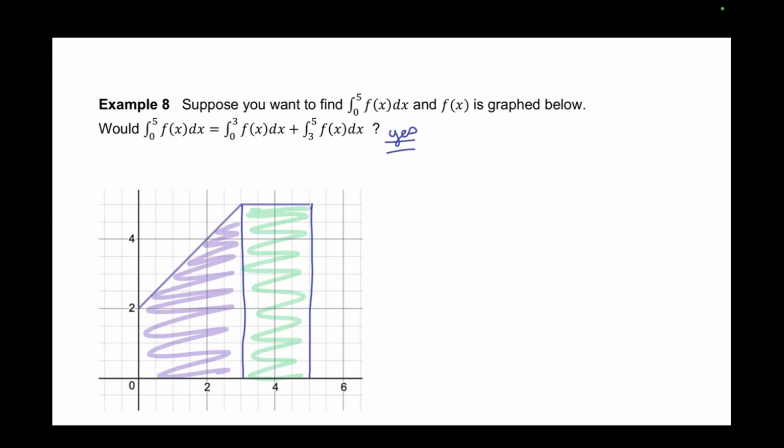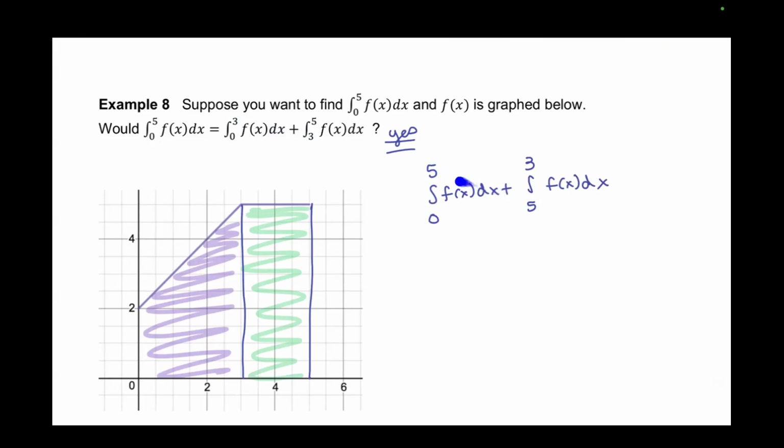Now, what if I had the integral from 0 to 5 of f of x dx and then the integral from 5 to 3 of f of x dx? Notice here, the top limit of the first and the bottom limit of the second were the same.